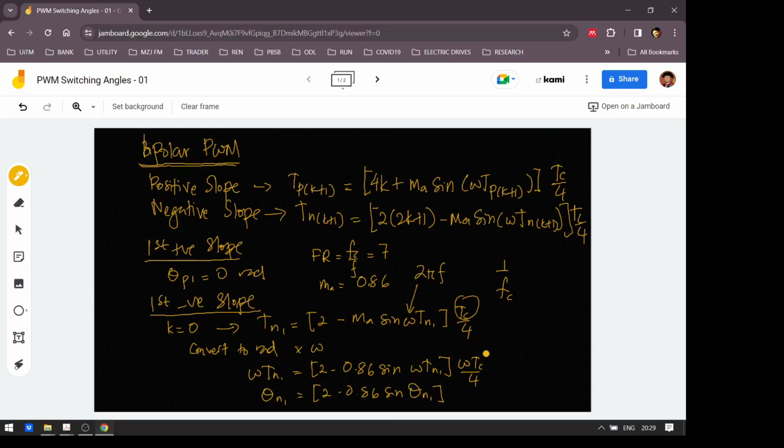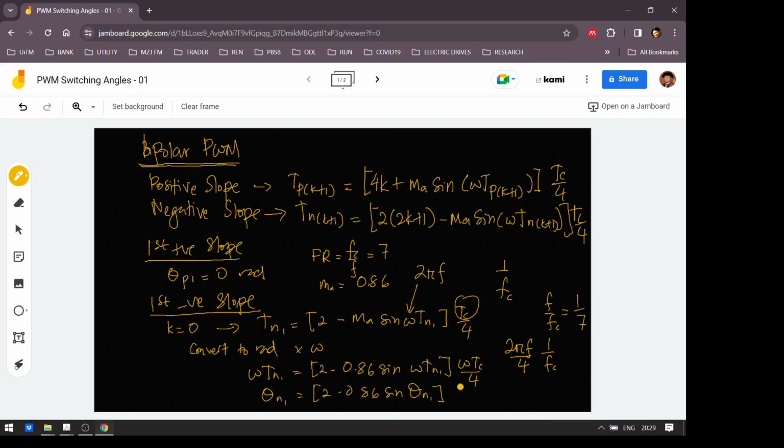and then we have omega is 2 pi f divided by 4, and then you have 1 over fc, and we know that f over fc equals 1 over 7, isn't it, from here? It's a reciprocal, so we have 1 over 7 here.